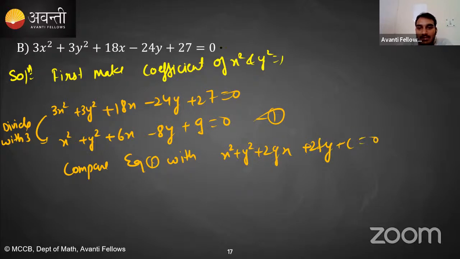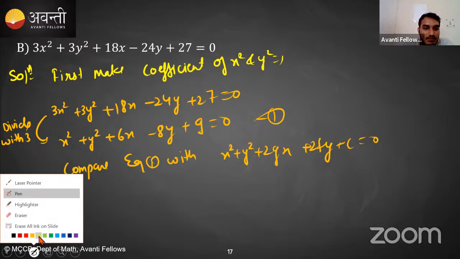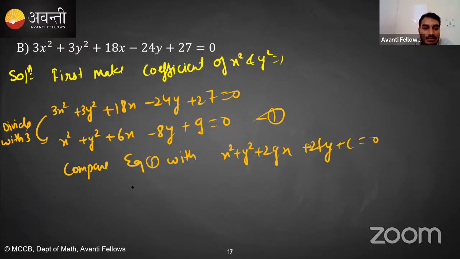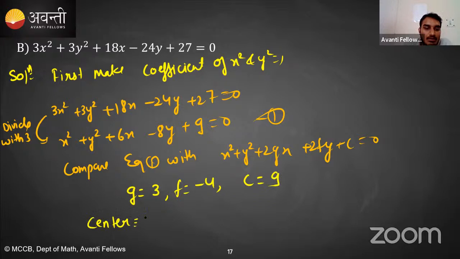Yes, very good. So now on comparing equation 1 with our general equation of circle, what is g? g is 3. What is f? -4. What is c? 9. So center is minus g comma minus f.